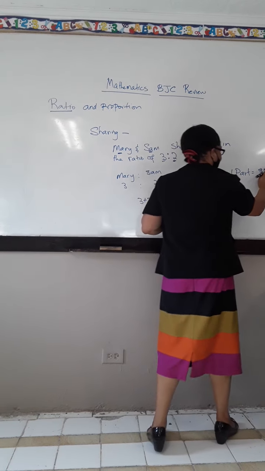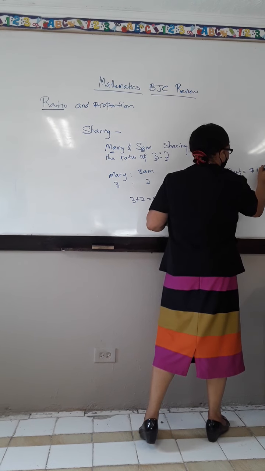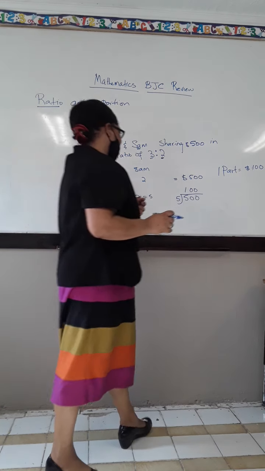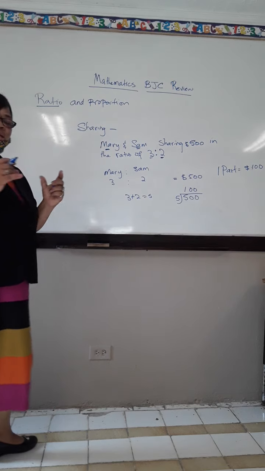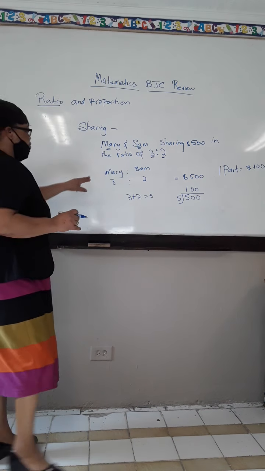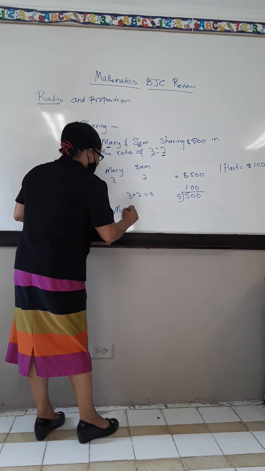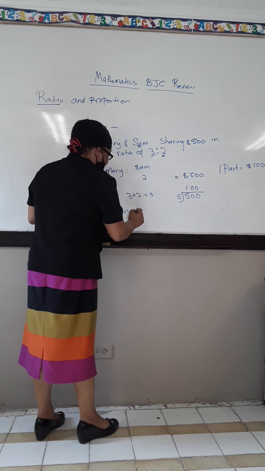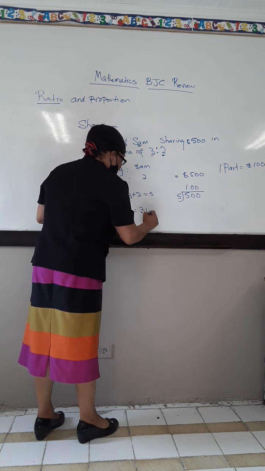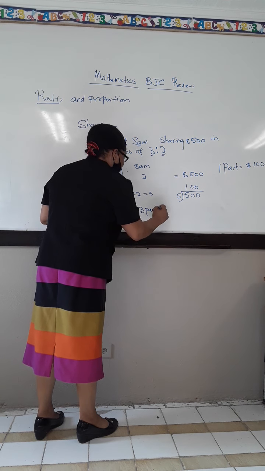So having found that out, it's going to be pretty easy to get the proportion that each person will get. Because Mary is going to get how many parts? 3 parts. Wonderful. Mary is going to get 3 parts of that $500.